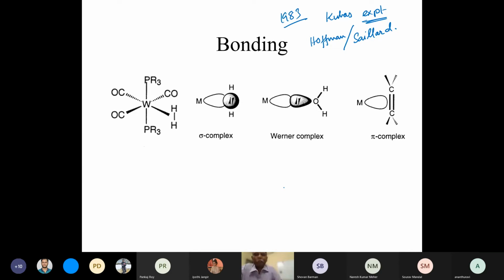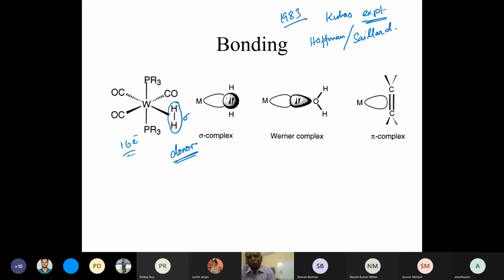on the theoretical possibility of H2 functioning as a ligand. What they said was a bonding molecular orbital, which is a sigma bond, the sigma bond of dihydrogen can act as a donor for the tungsten, which is now a 16 electron fragment. Without the dihydrogen, it is a 16 electron fragment.